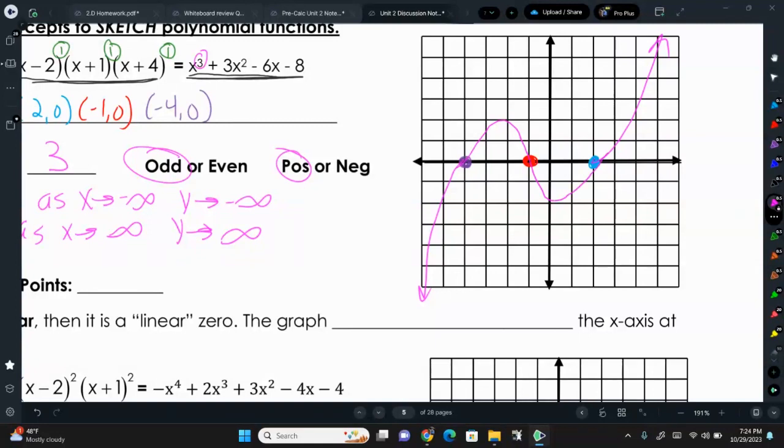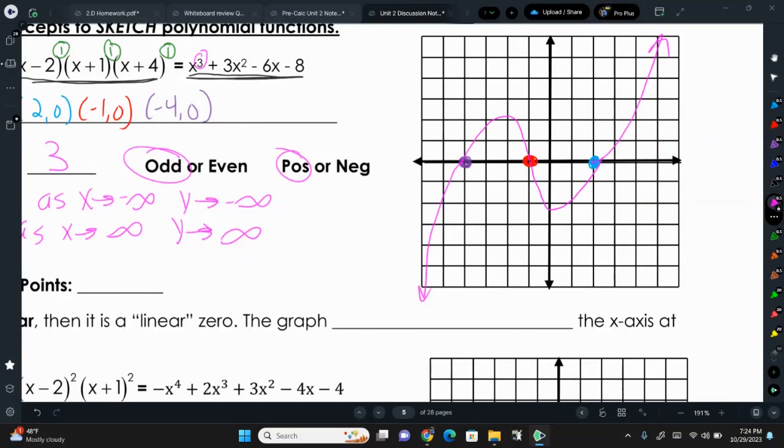So we cross the x-axis at each of our x-intercepts. You may be wondering, how do you know that it only goes this high? It doesn't matter how high you go, just make a smooth curve. We got to come back down, make another smooth curve, and we got to come back up.